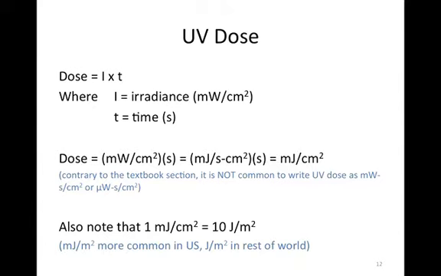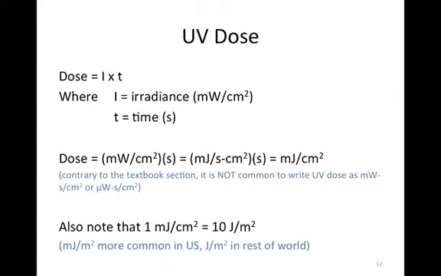I also wanted to point out that the term dose is actually not the most technically correct term. The most technically correct term that's consistent with other types of research on the effects of light is fluence. But engineers prefer the term dose because it's sort of consistent with what's used for chemical disinfectants as well.